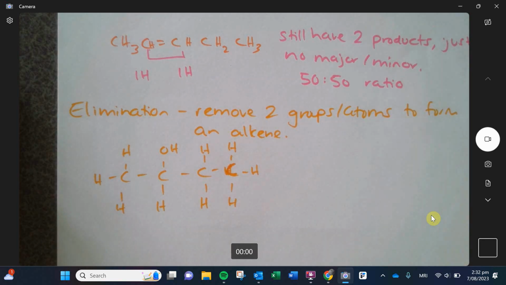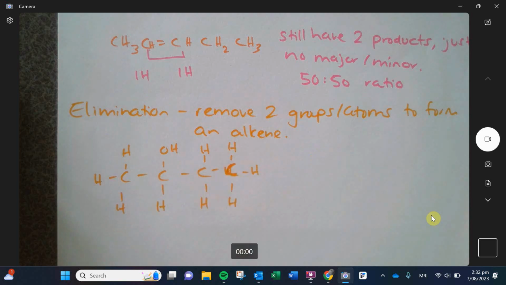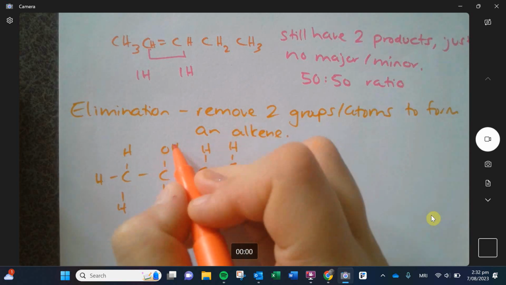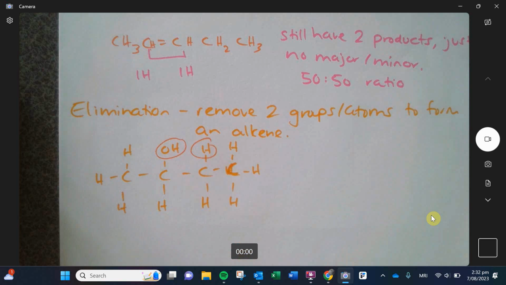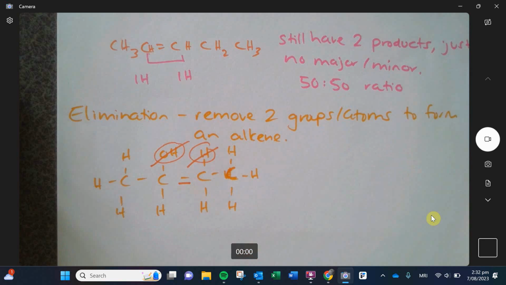So let's say I take away the OH and a hydrogen. And then what I'm going to be forming is a double bond. So we eliminate to form our double bond. So that's our elimination reaction.